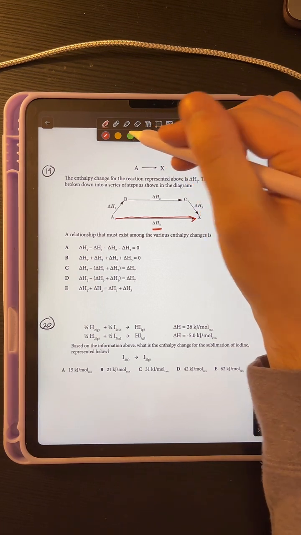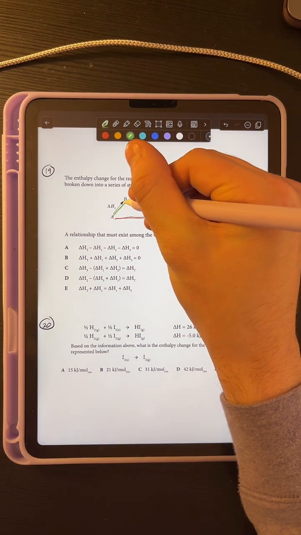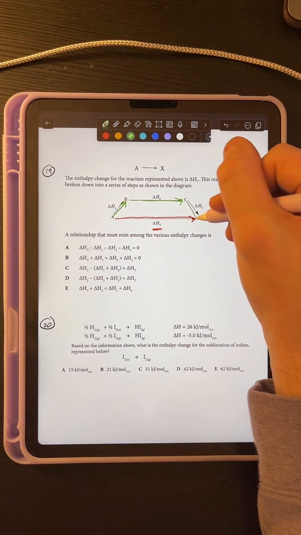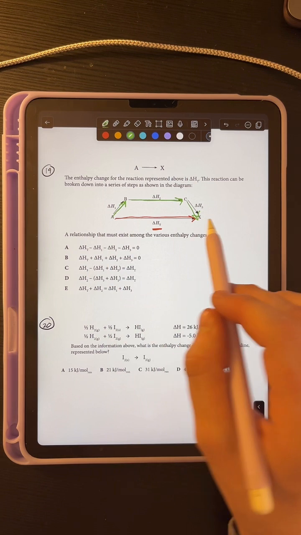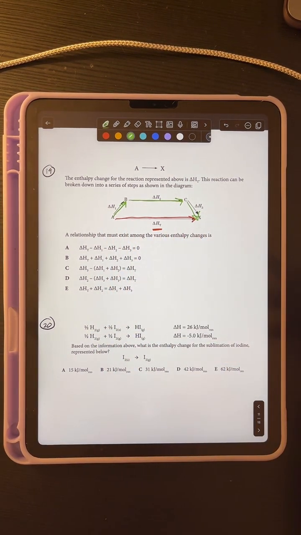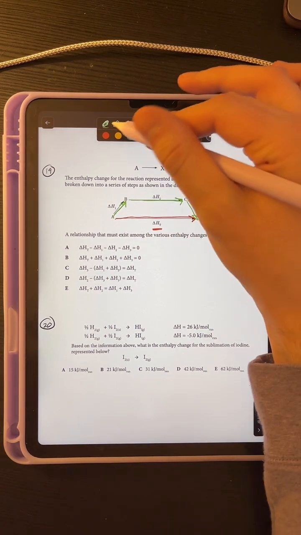But we also have these reactions: A can go to B, B can go to C, and then C can go to X. Those are our three sub-reactions that we can add up, and overall it will be A goes to X. So we want to figure out a relationship that must exist between these various enthalpy changes.